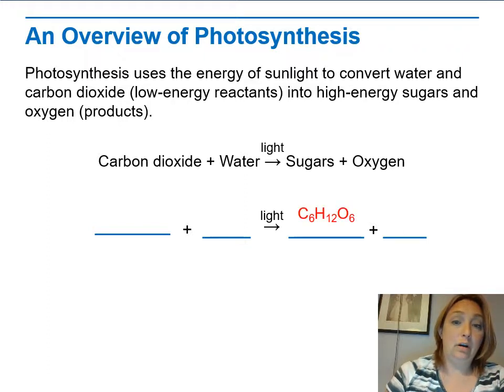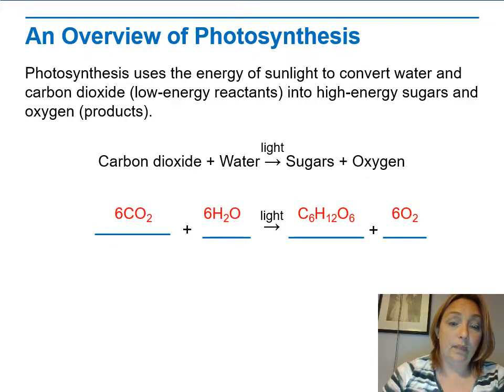The sugar that is most generally made is glucose, and the chemical formula for that is C6H12O6. And we use carbon dioxide, CO2, 6 molecules of that, plus 6 molecules of water, using the power of light energy, will yield 1 molecule of glucose and 6 molecules of oxygen gas.